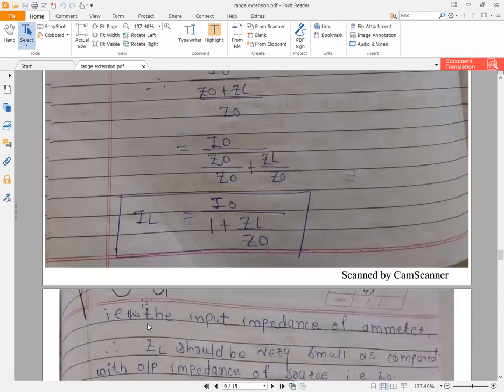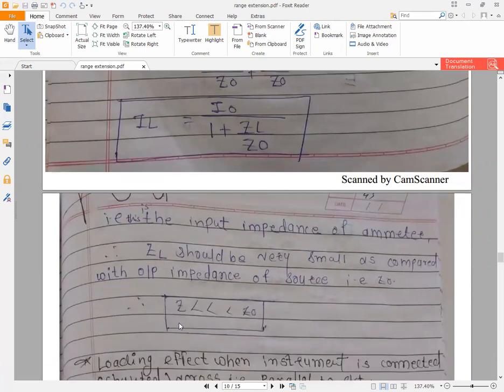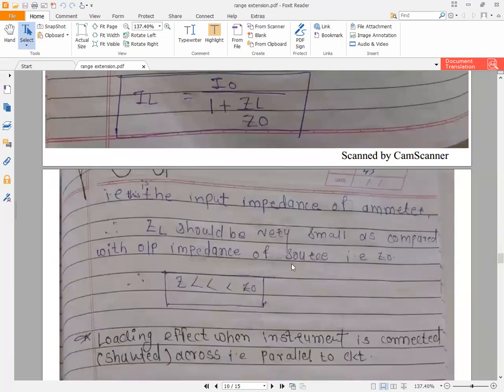That means we can say that the input impedance of the ammeter, that is ZL, should be very small as compared to the output impedance of the source, that is our Z0.